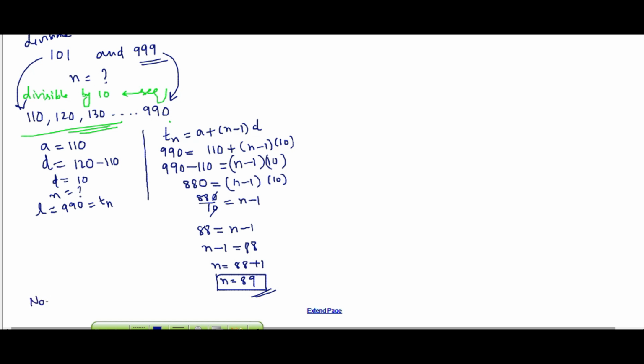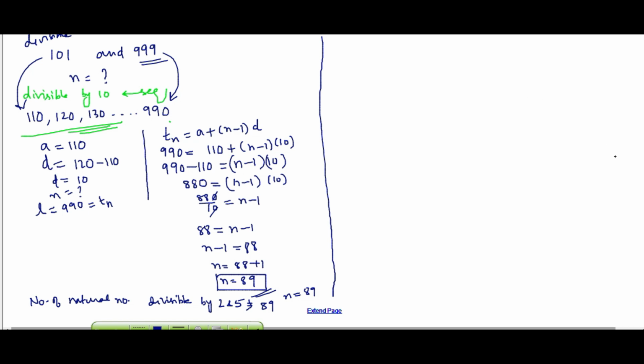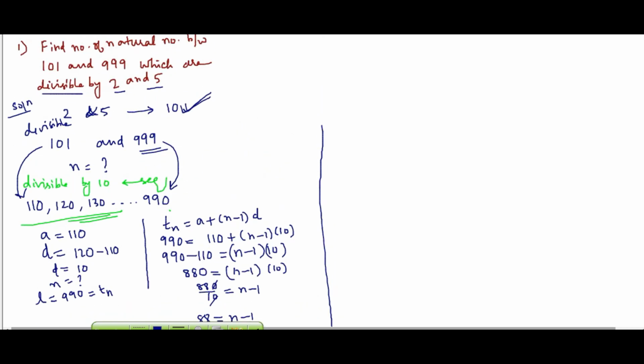Number of natural numbers divisible by 2 and 5 is equal to 89, or you can write implies 89. N is equal to 89, you can write as you wish. So this is all about divisibility of two numbers.